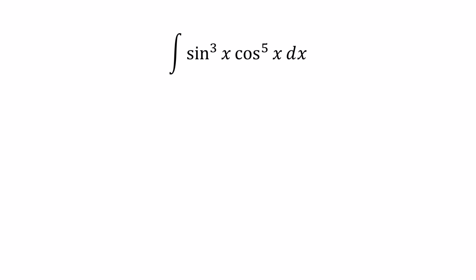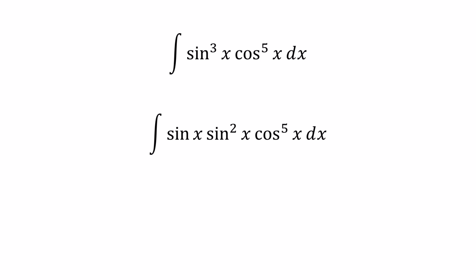Next, we evaluate the integral of sine cubed of x cosine to the 5th of x dx. To begin, we factor out a sine, which gives the integral of sine of x sine squared of x cosine to the 5th of x dx.